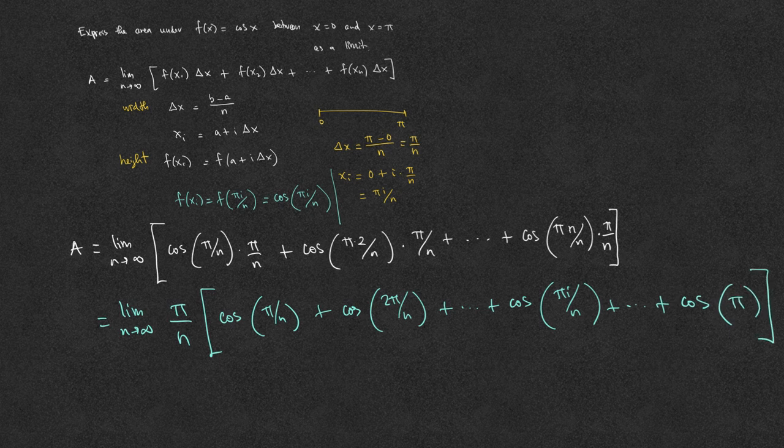When we factor out the width, we take the width times the height, the width times the height, the width times the height, so this is still the area. And this area is expressed using the limit.